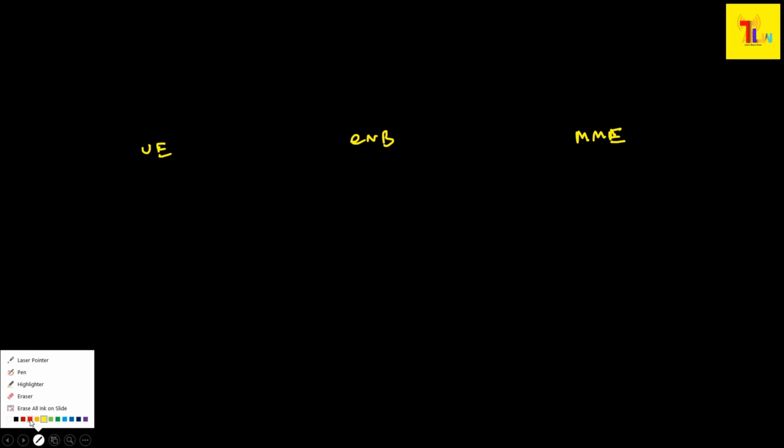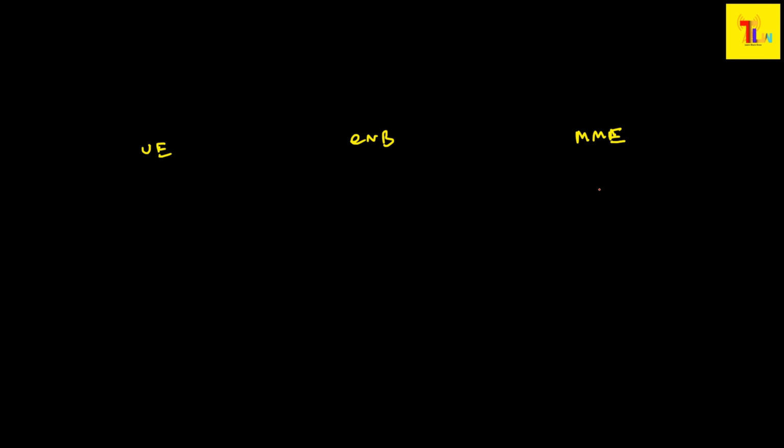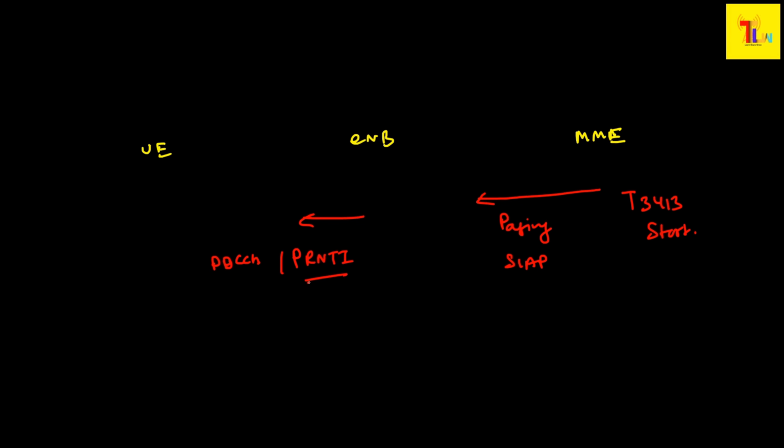In this flow we can see that once T3413, the supervision timer, starts here, the MME sends the paging on S1 AP, and then the eNodeB sends the PDCCH with the P-RNTI. This is the radio network identifier for the paging.